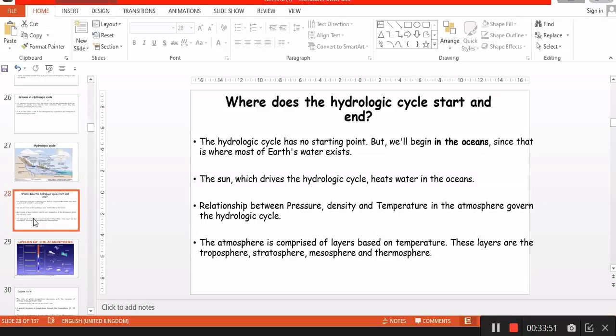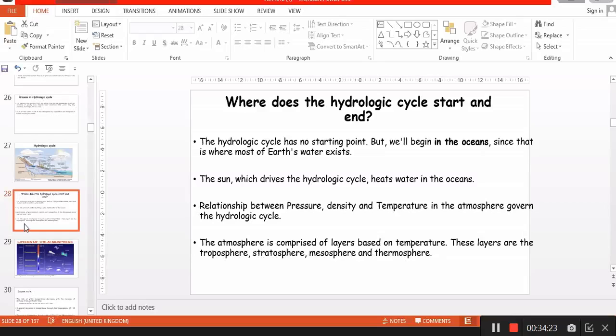I have told you, the ocean is very big compared to Earth's surface. Therefore, we assume that this hydrologic cycle begins with the ocean. The sun, which drives the hydrologic cycle, heats water in the oceans. So it's very important: evaporation is the key factor responsible for taking water into the atmosphere from water surfaces.